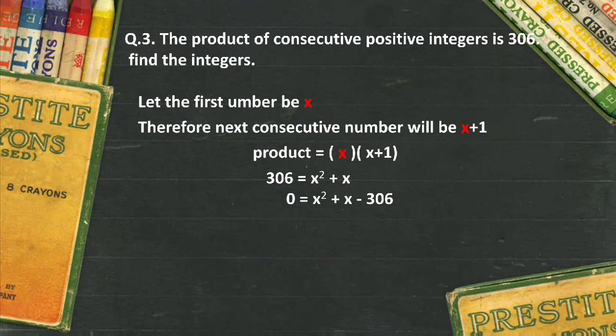So if the number is negative, then you need to understand that in the question you are told that we are dealing with positive consecutive integers, which means if you are getting the other value of x to be negative, please ignore the sound. Okay, so if you are getting the other value to be negative, then you need to ignore that and consider only the positive integer and then go ahead and solve it.